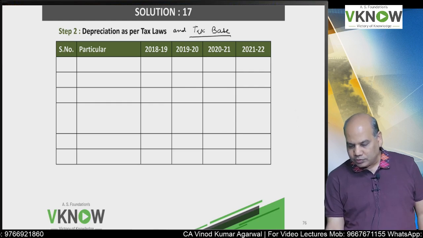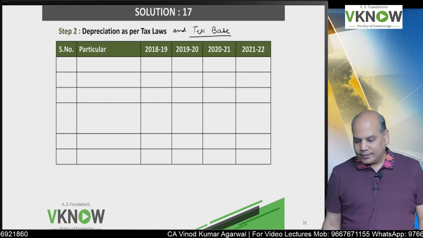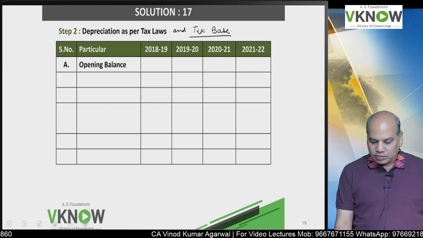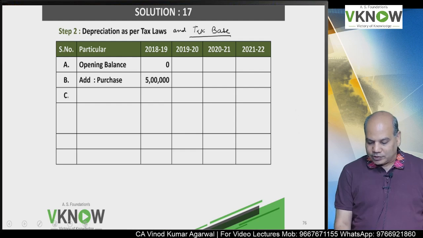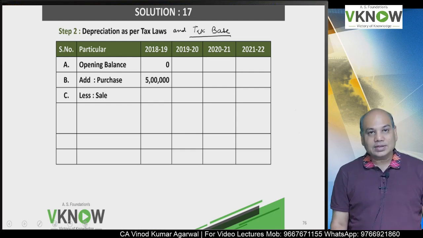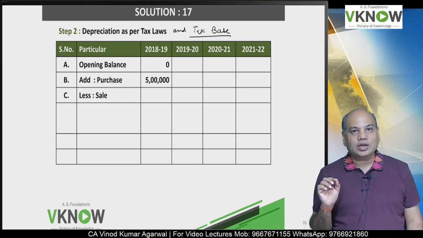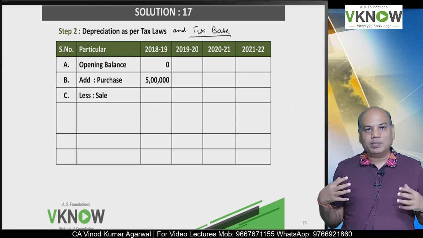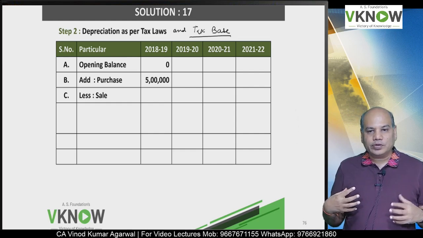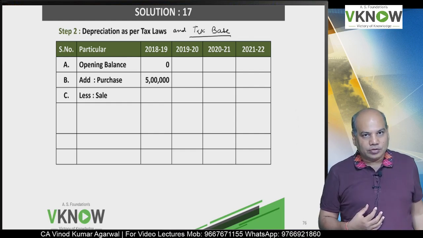The closing balance will be tax base. 4 years are there. Opening balance 0. Add purchase 5 lakh. Less sale. In this problem sale is not there. Maybe you can skip this line in the exam, but I have made this format because sometimes the institute can give you sale also.